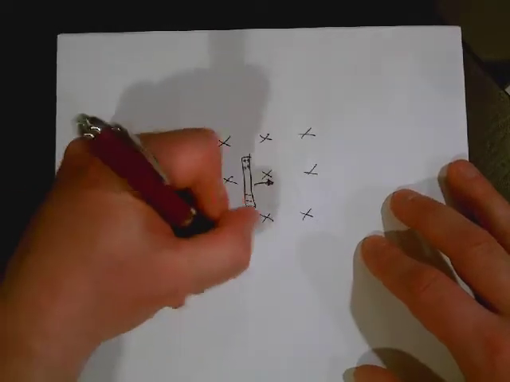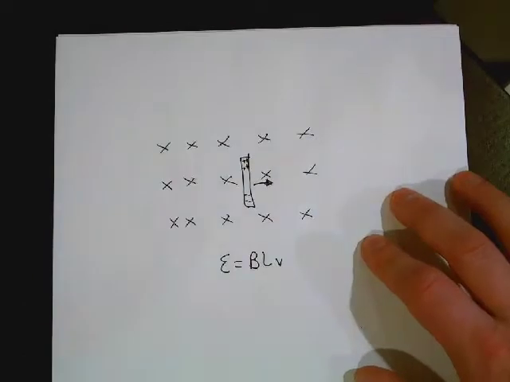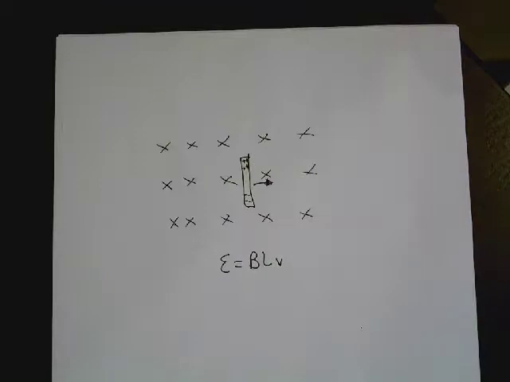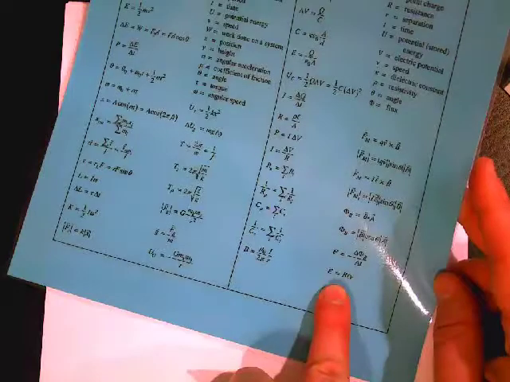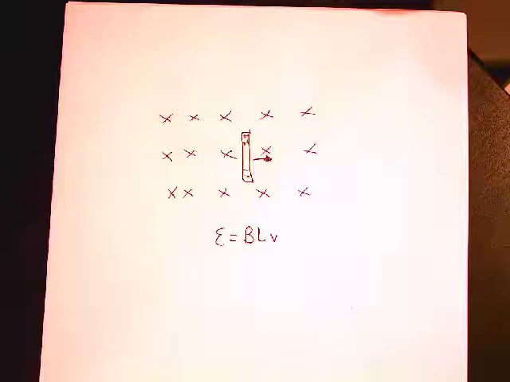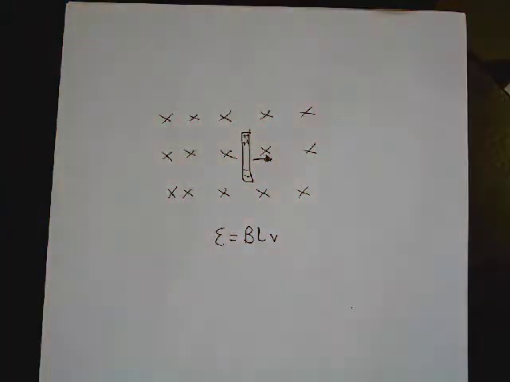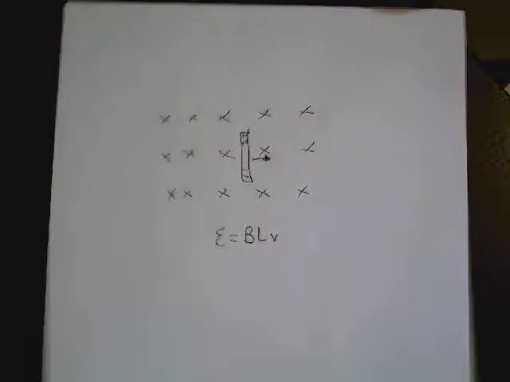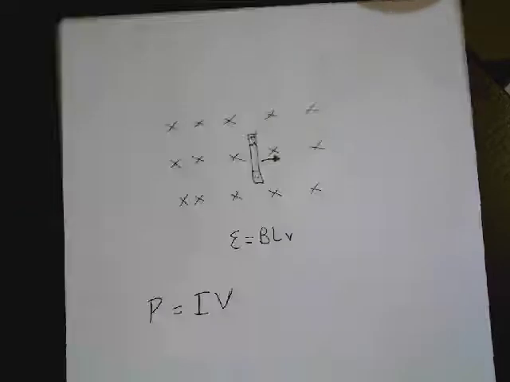As it moves through, the top is going to end up with positive charge. Is everybody okay with why? The bottom is going to end up with negative charge. There's a separation of charge. Separation of charge means a voltage, which is where that equation comes from. And if you look on your equation sheets, it is this last one here, right there.